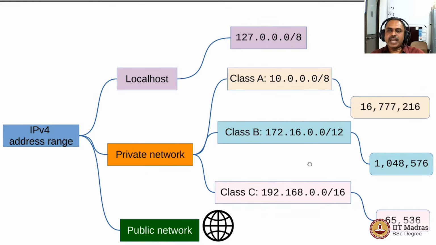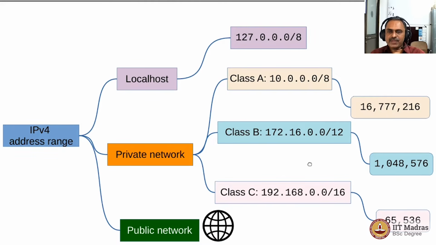It tells you how many IP addresses are possible with that particular combination. Most computers will have an IP address which is 127.0.0.1, and some may have more of that series depending upon the configuration.